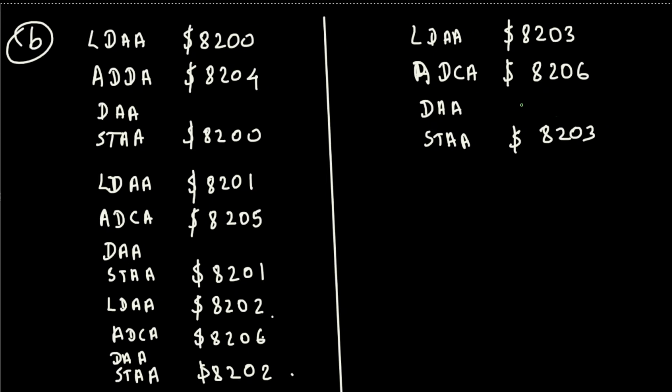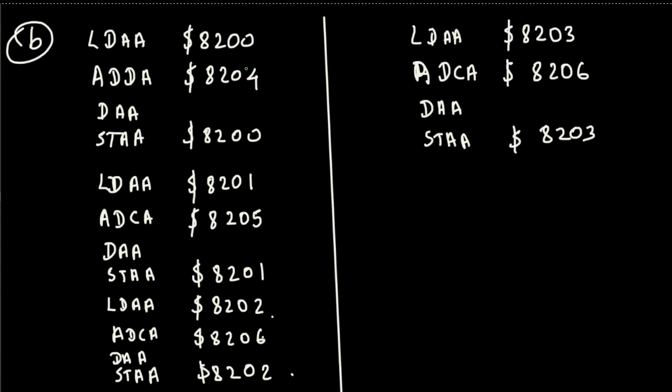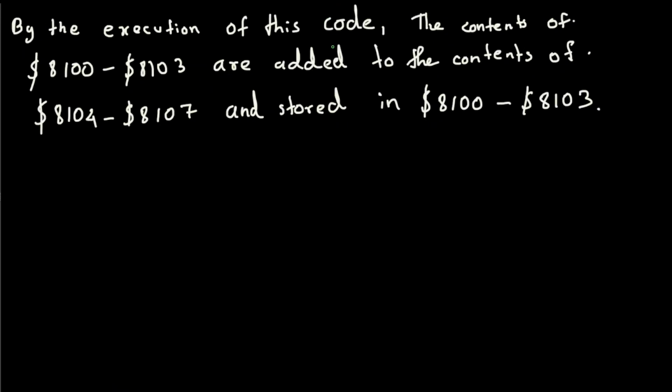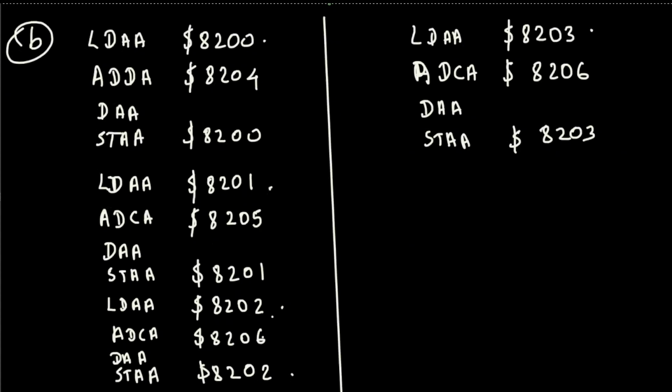Let's look at the range. LDA, that is the first one, 200 to 203: 200, 201, 202, 203. And the adding part is in the range of 204 to 207: 204, 205, 206, 207.